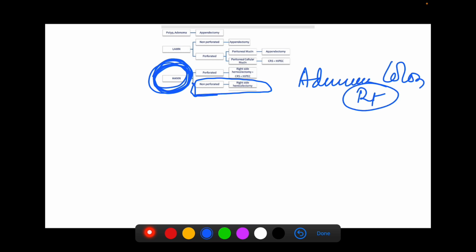Okay, if high grade appendicular mucinous neoplasm with perforation, then it behaves like a systemic or peritoneal disease. So go for right hemicolectomy with CRS and HIPEC, right? So these high grade mucinous appendicular neoplasms actually behave like adenocarcinoma colon.